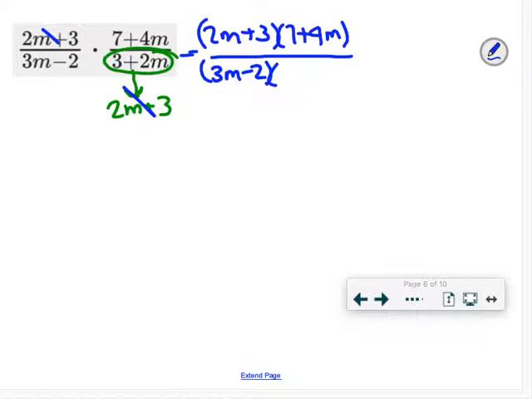And then if we rewrite it, 2m plus 3. Because with multiplying fractions, all we do is multiply across. So using that concept from yesterday, 2m plus 3 over 2m plus 3 is going to be 1.